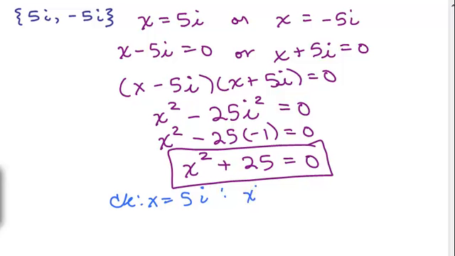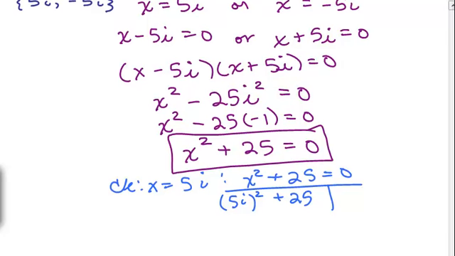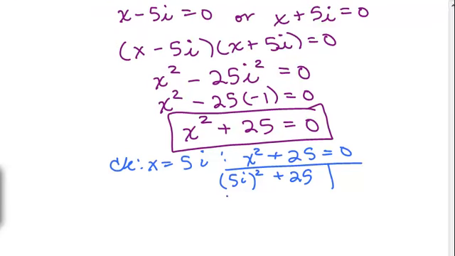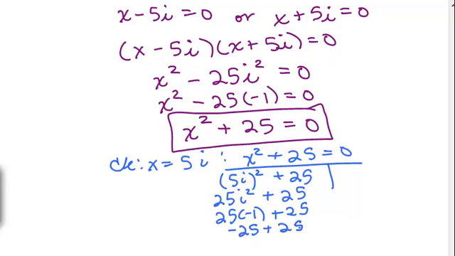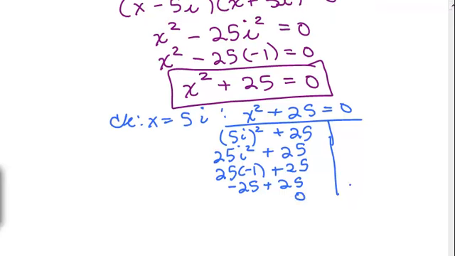In x squared plus 25 equals 0, you have 5i squared plus 25. 5i squared is 25i squared, which is 25 times negative 1, which is negative 25, plus 25, which, yes, is going to add up to 0. So you should always check your answers and make sure it's true.